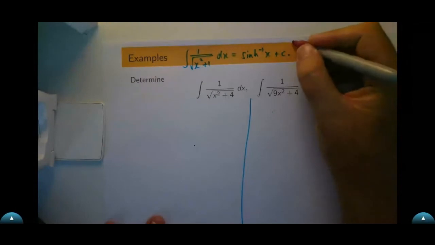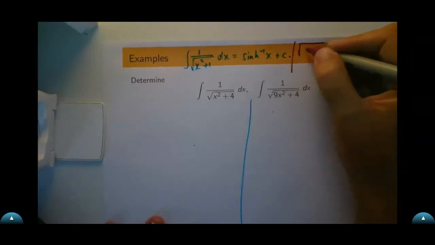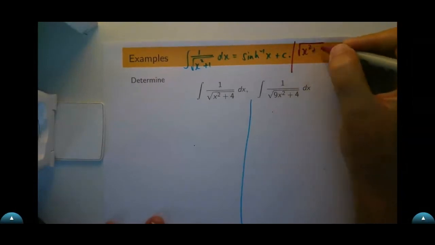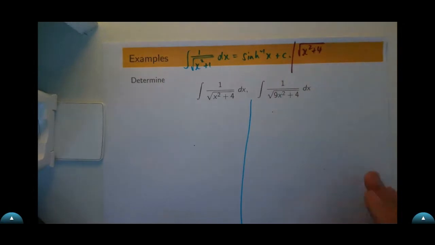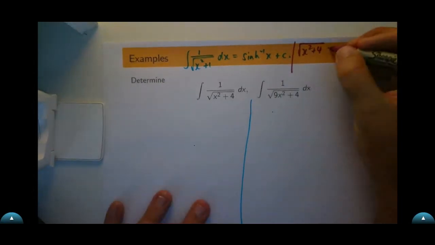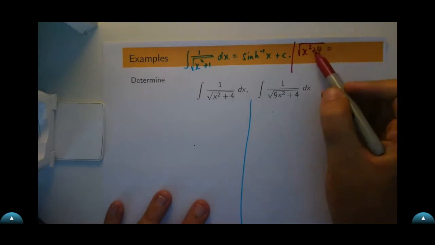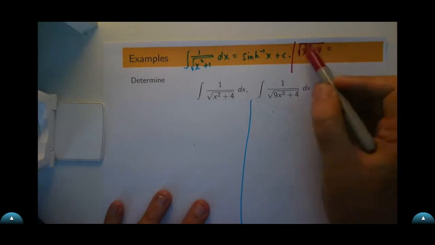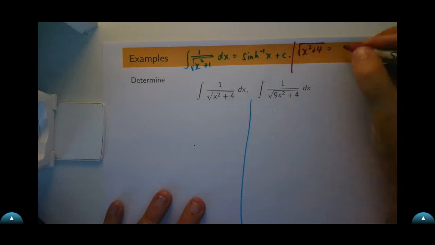So I can just squeeze it up here: x squared plus 4 with the square root sign. I can write it like this. I want to basically divide everything in the square root sign by 4. So watch how I do that. So that's a 2.